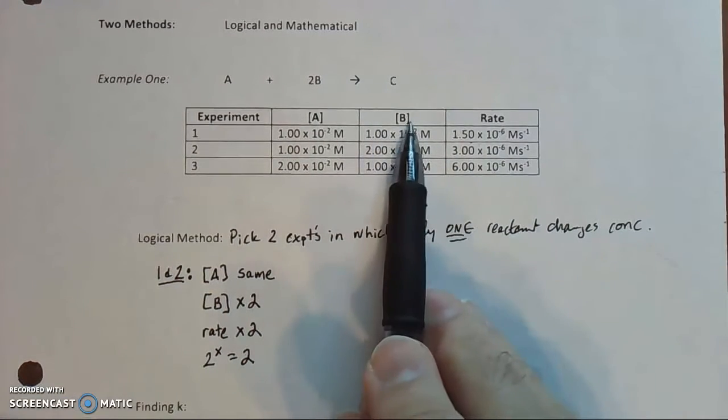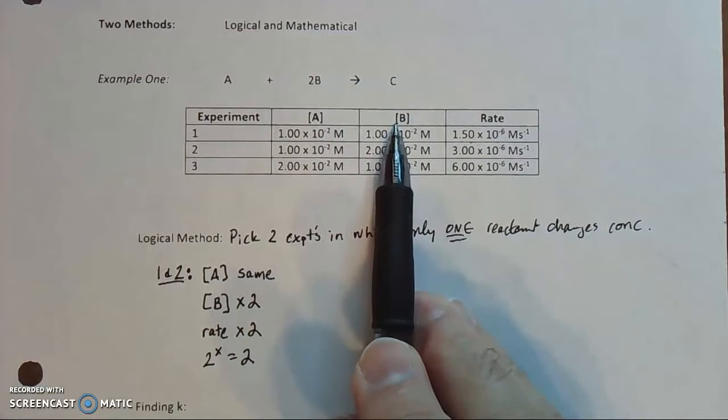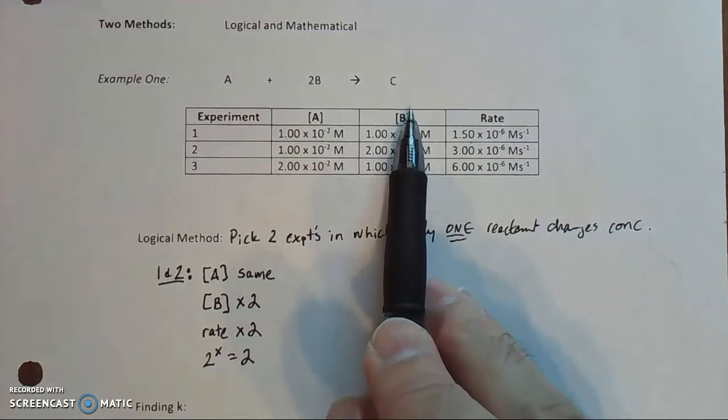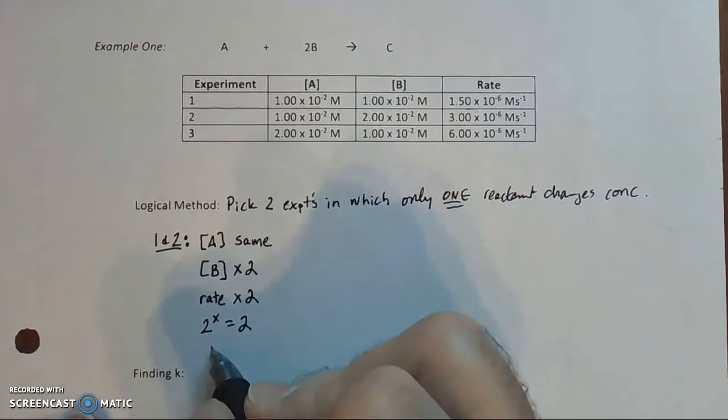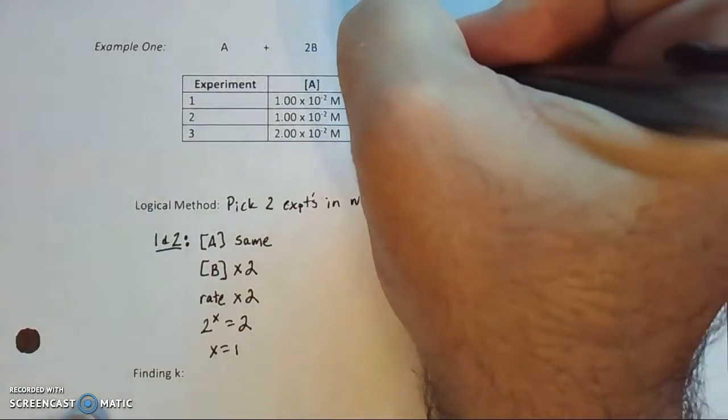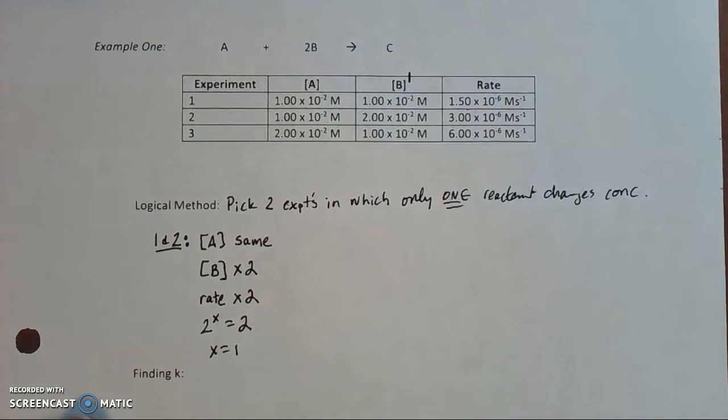Because I'm trying to find out what is the order of B. I know it can be 1, it can be 2, it can be 3. So B doubled and the rate doubled, and in this case, x is 1. So I know that B is to the first power.